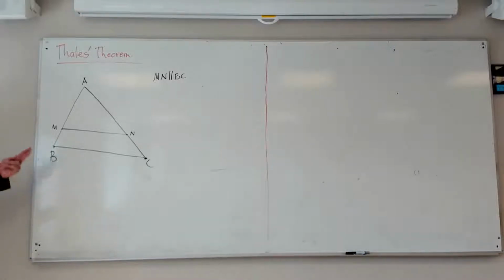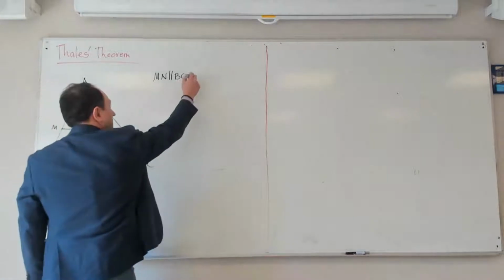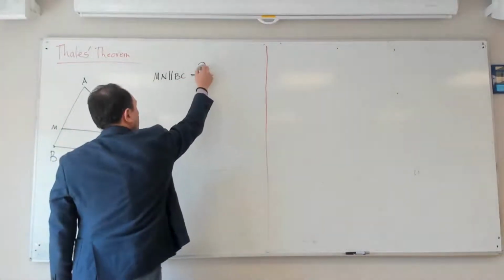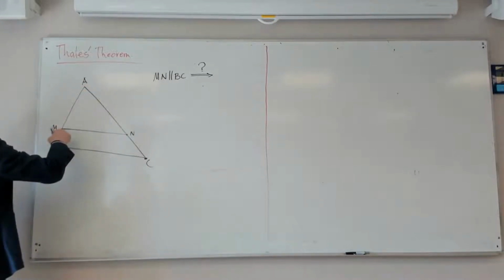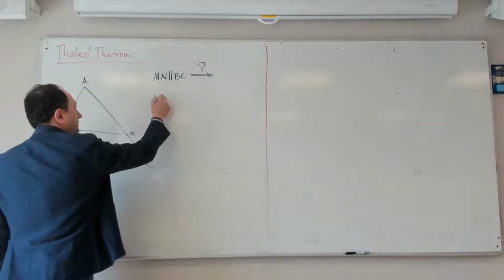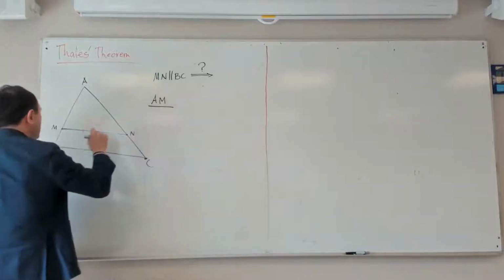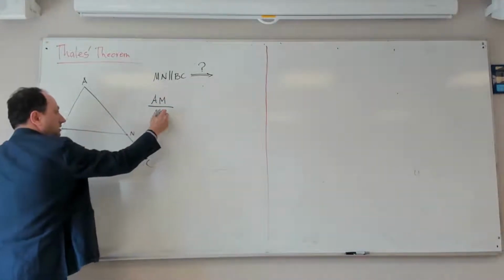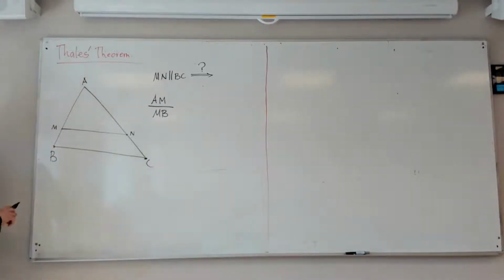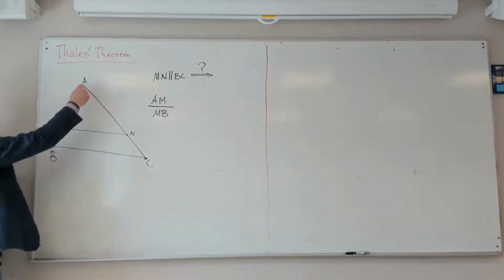Okay, there are two things that I want you to know. This would then imply, of course, this is a question mark yet, you can write the length of AM divided by the length of MB. Yes? If I ask you, do you think that AM is equal to AN?